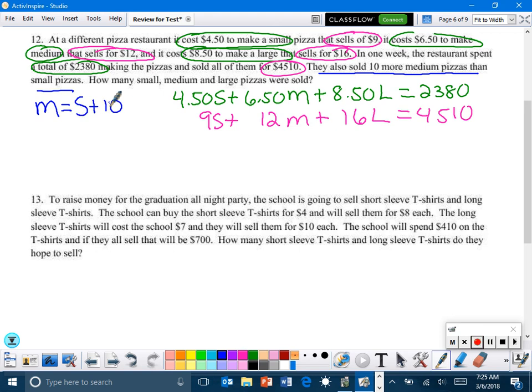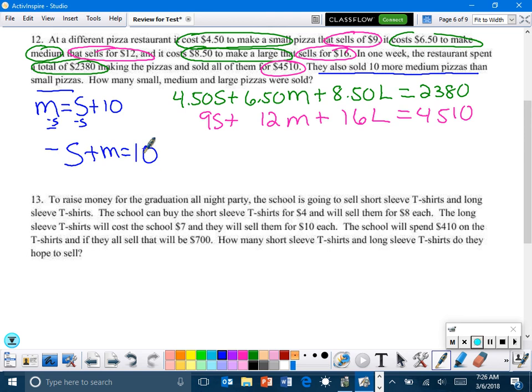So the medium equals whatever the small is plus 10. I need the S to be on the same side, so I'm going to subtract S from both sides and rewrite that. I'm going to write negative S plus M equals 10. So that's my third equation.